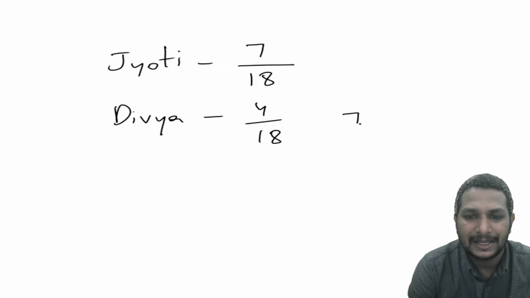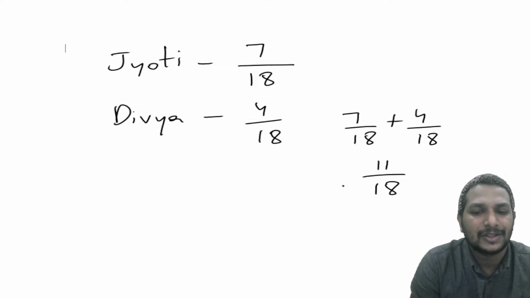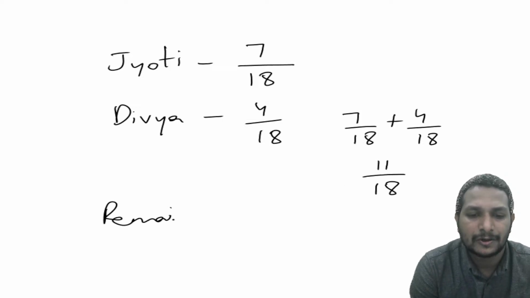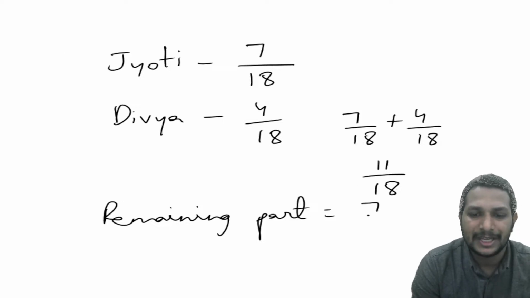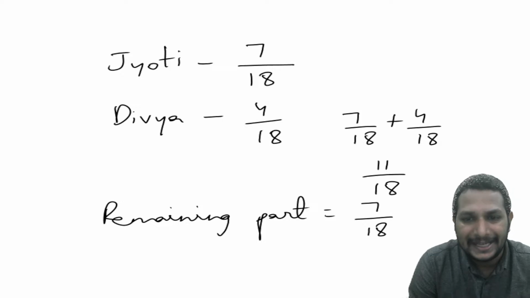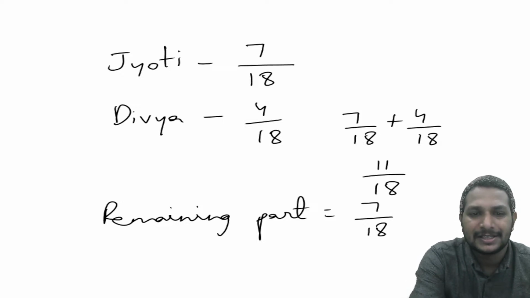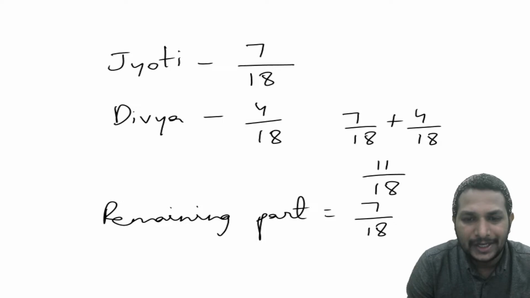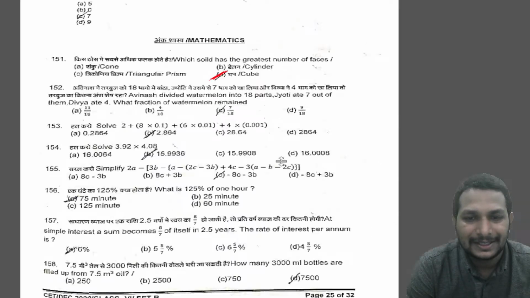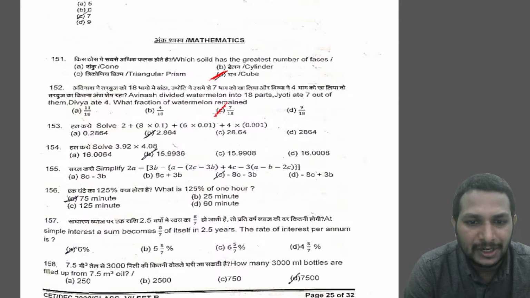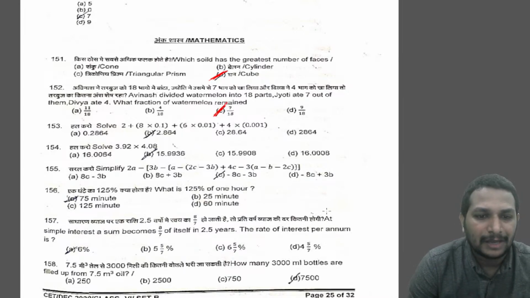As both had 7 by 18 and 8 by 18 together, the remaining part is how much? So the remaining part is 3 by 18. According to this, the answer for the question is C. Okay.